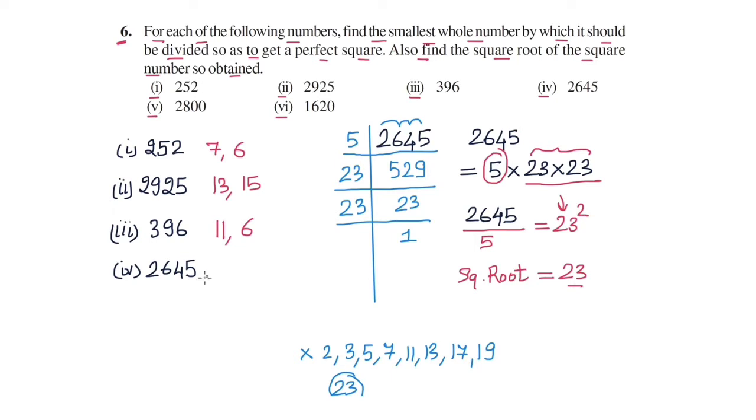So the smallest whole number by which it should be divided is 5, and the square root of the square number obtained is 23. Clear? In this way we will solve this part.